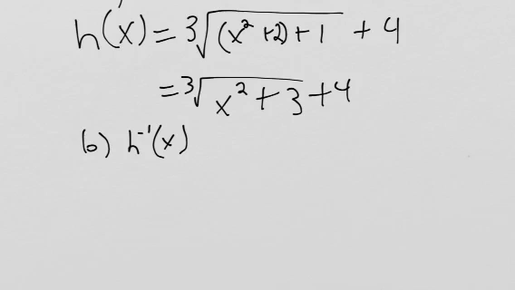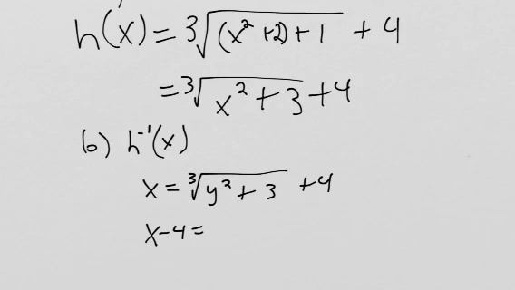The way that we decide to undo everything is we say x equals the cube root of y squared plus 3, plus 4. What we're going to do is solve for y, because that's going to undo everything that's happening to our input, and that'll give us our inverse. So we have x minus 4 equals the cube root of y squared plus 3.